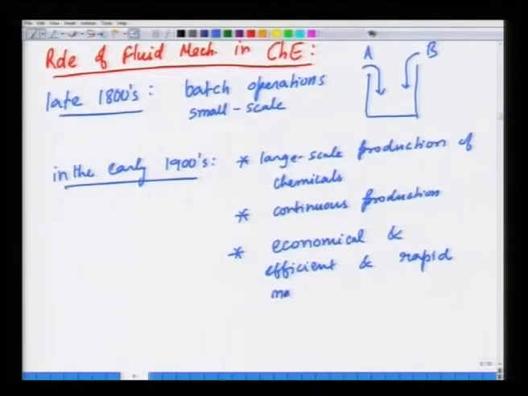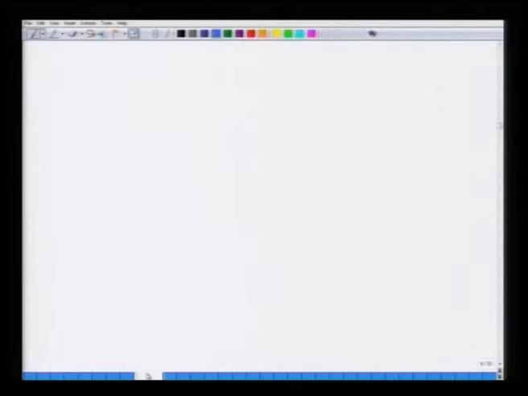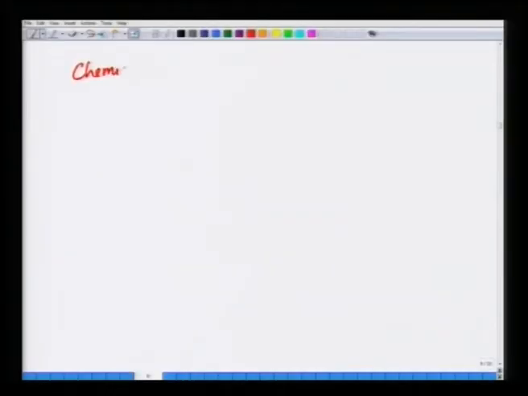So, all these requirements became a major factor in the development of the chemical industry in the early to mid 1900s. So, the modern day chemical process industry can be thought of, and by modern day we mean anything that is after the mid 1900s.